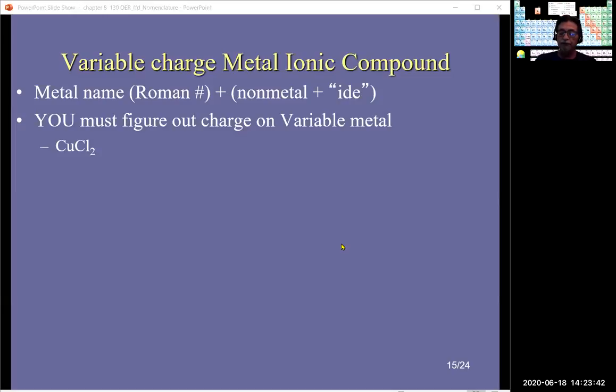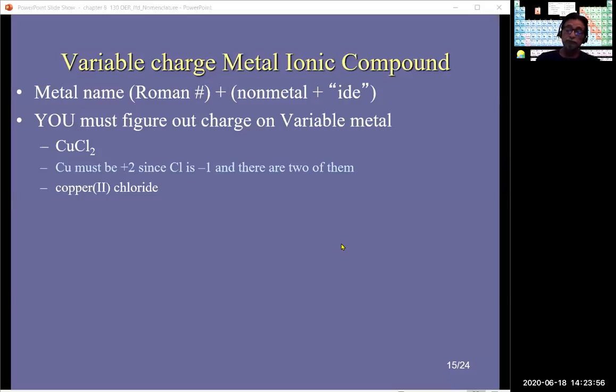That tells you that copper must be a +2. Therefore, its name would be copper, Roman numeral 2, chloride. So this is a good example of, you may not know what the charge is of the metal you're given or the nonmetal, but you always know the charge of the partner.